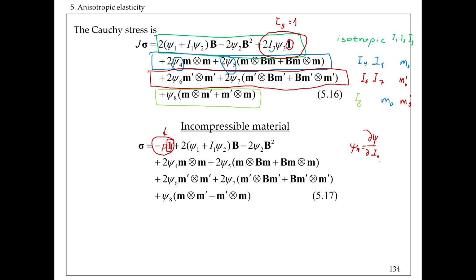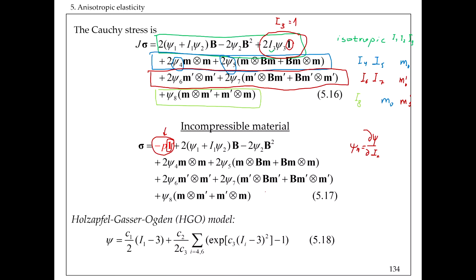Now, to give you an example of an energy function that's based on these invariants, we'll just briefly show one of the popular energy functions that appears to be very effective. This is the energy function due to the three researchers, Ray Ogden, Christian Gasser, and Holzapfel, the author of one of the suggested books.